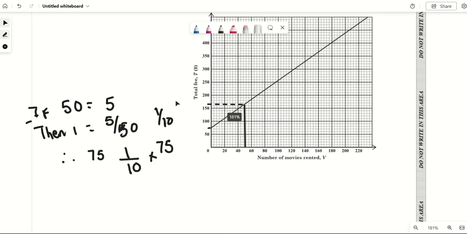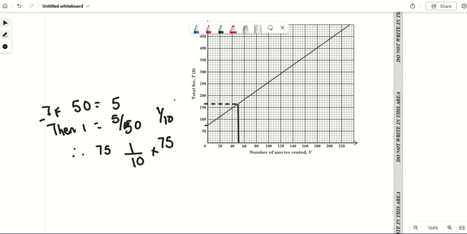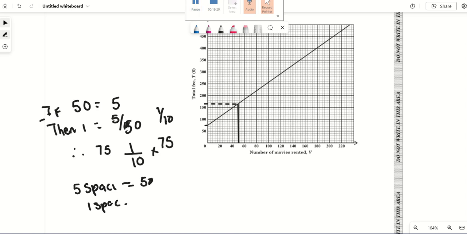We know, again, this is on your y-axis. How many spaces is that? We have 5, 10, 15, 16 and a half. So we want to know 16 and a half. So 5 spaces is equal to 50. So 1 space was 50 over 5, which is 10.